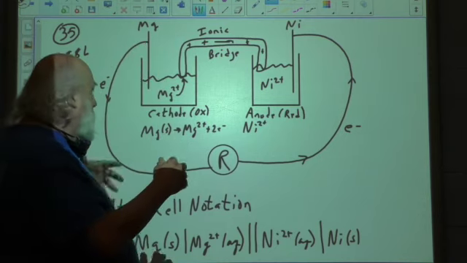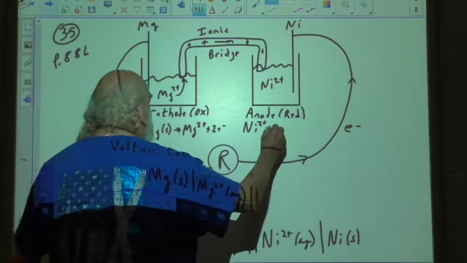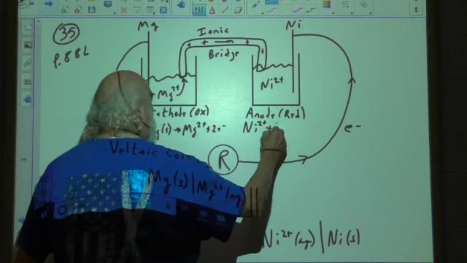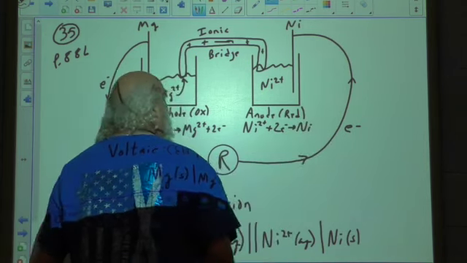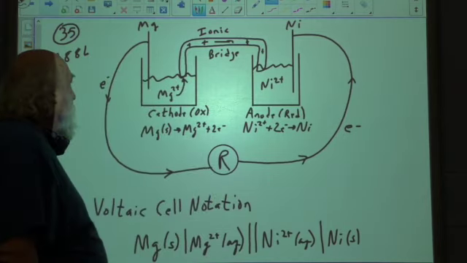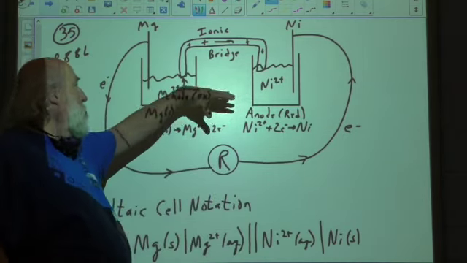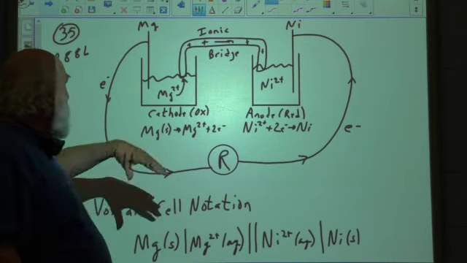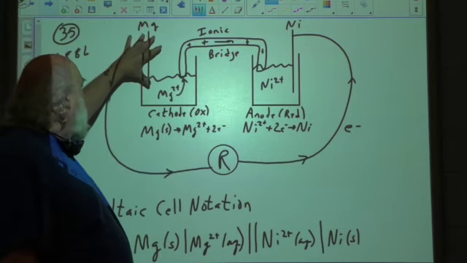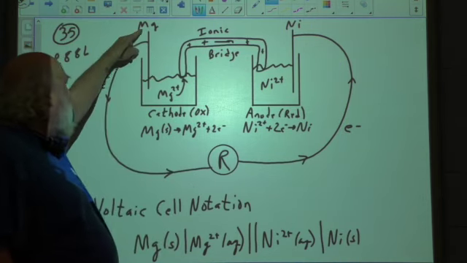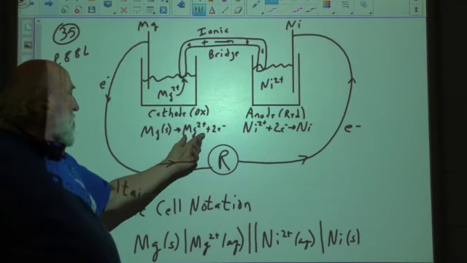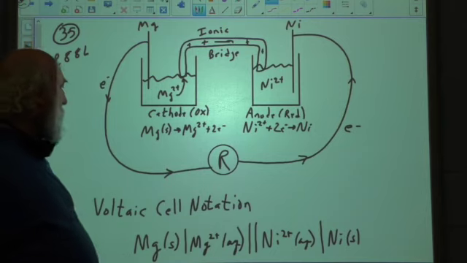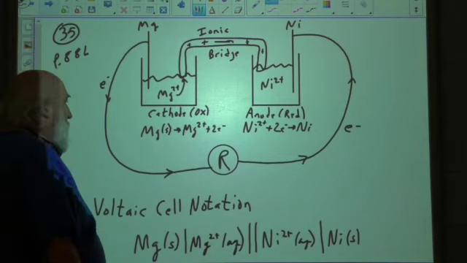Now, this is what we call a wet cell, in which case we've separated the two sides from each other, connected by what we call an ionic bridge, and we'll talk about that in just a little bit. But the wiring goes from the metal, from the cathode, in this case it's magnesium, because it's part of this reaction. Magnesium yields magnesium 2 positive plus 2 electrons.